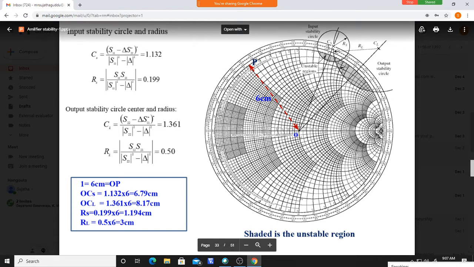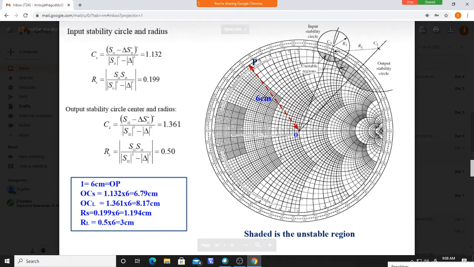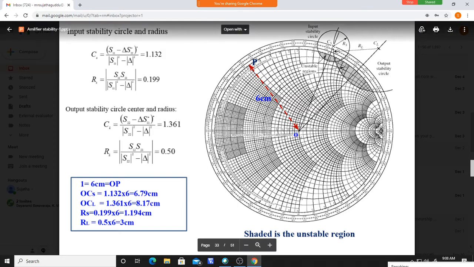This is a stability circle. The values within this circle are the inside values, and the rest are the outside values. Outside, whatever impedance is there, that is stable. All those values give stable operation of the transistor.